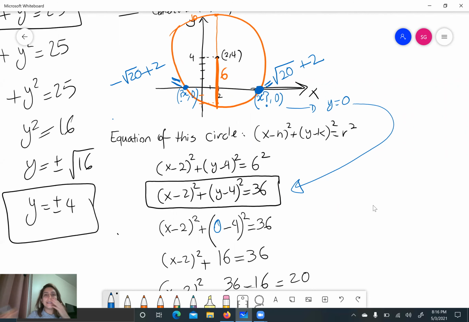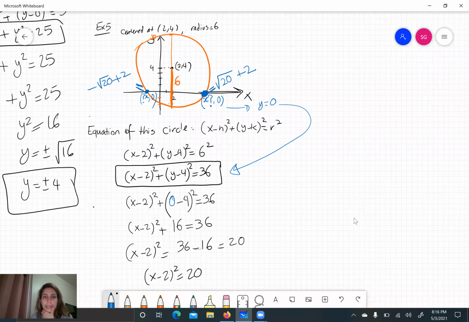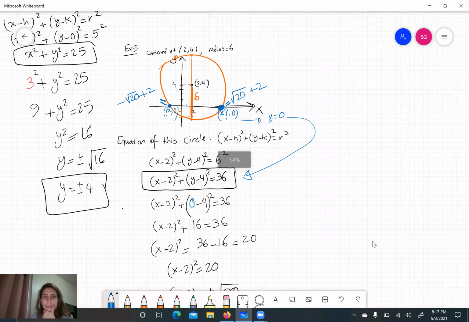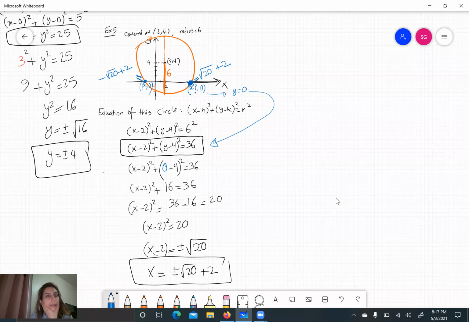Okay, so these are the x-intercepts, and this is the bigger picture if you want to see the whole thing. So the question was, for this circle, find the x-intercepts. We first wrote the equation of this circle, and then we said x-intercepts are those points that have a height of 0.